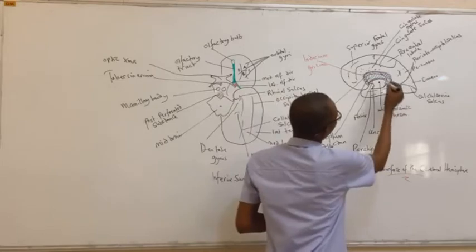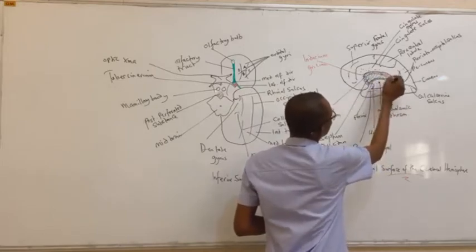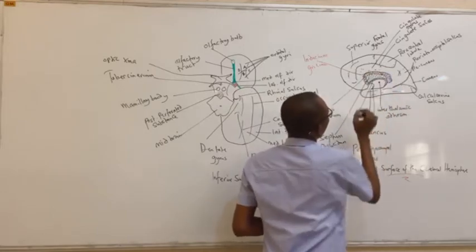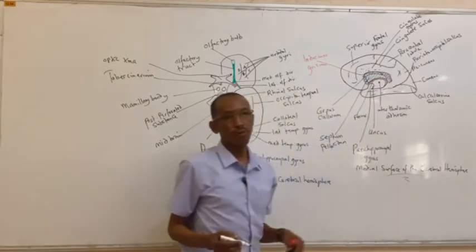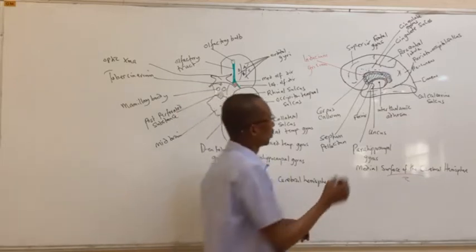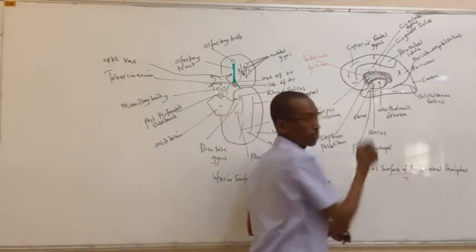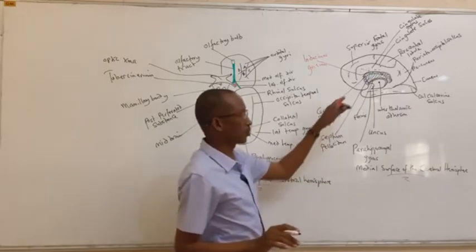So we have now seen the corpus callosum here, and just below the corpus callosum there is another form of commissural fibers, what we call the fornix, which we'll discuss later on. The fornix is part of the limbic system.